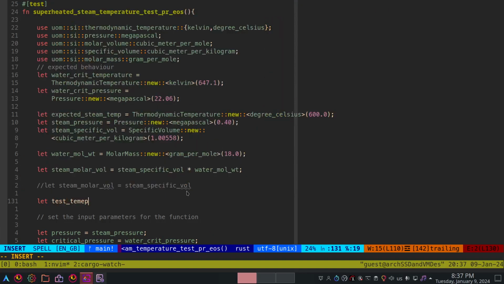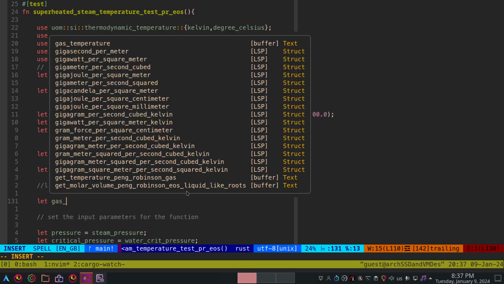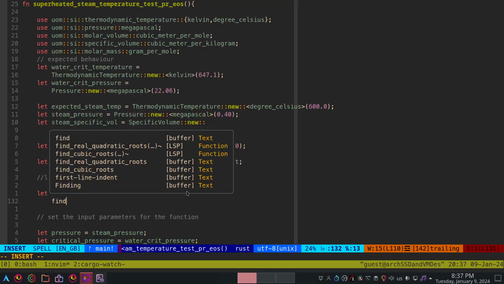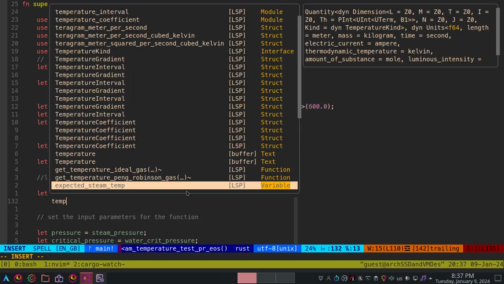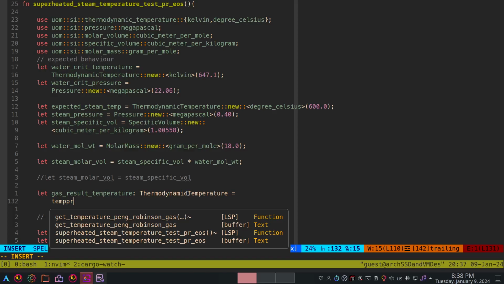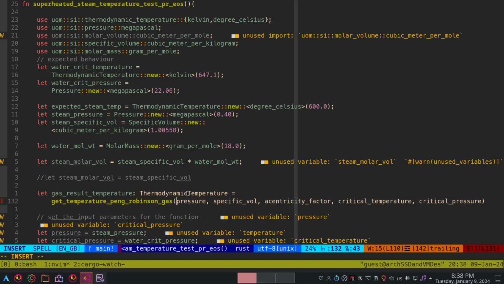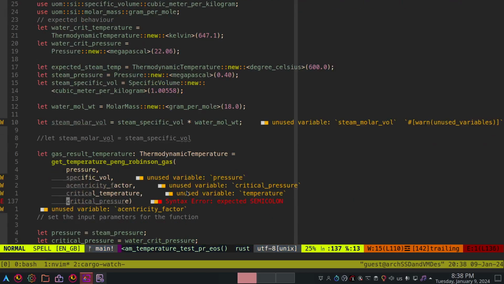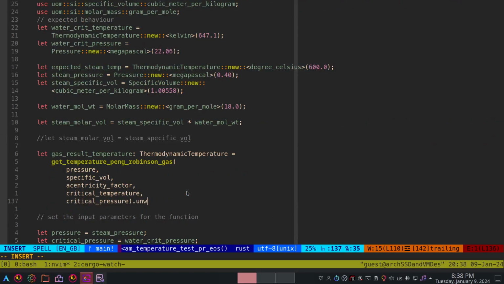Let test gas result temperature. I'm going to do a thermodynamic temperature. This will be the type, equals find temperature, get temperature Peng-Robinson gas. So there are a few things here. And then I will just do an unwrap.